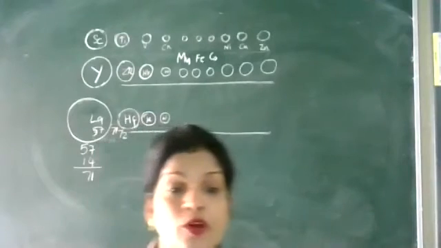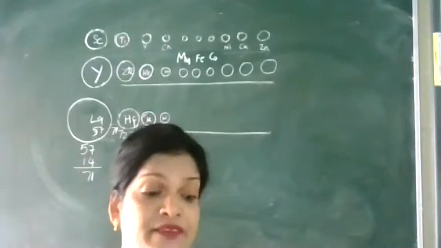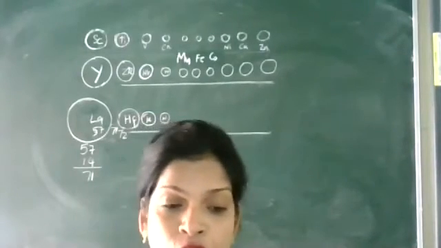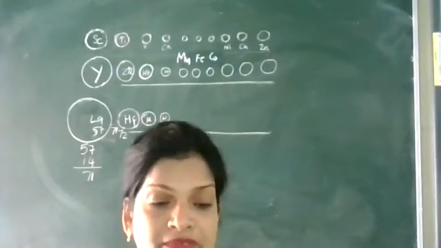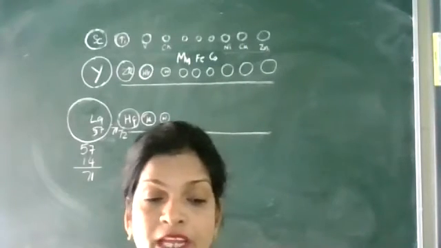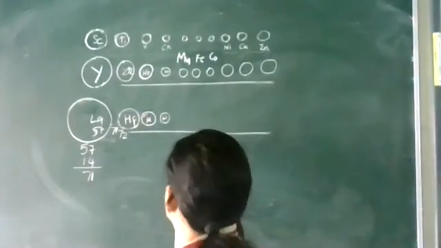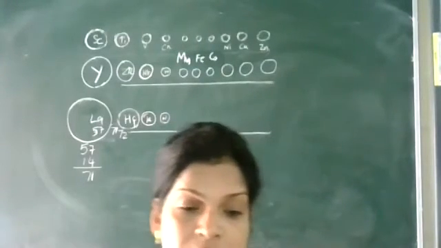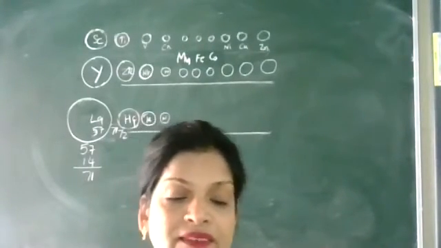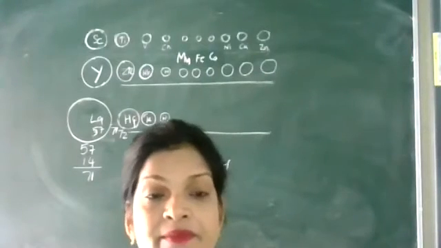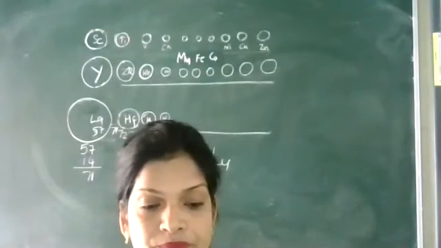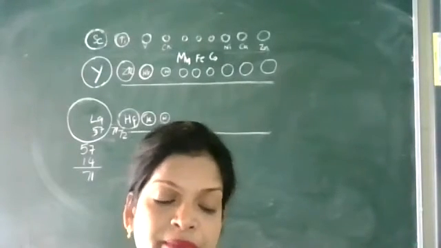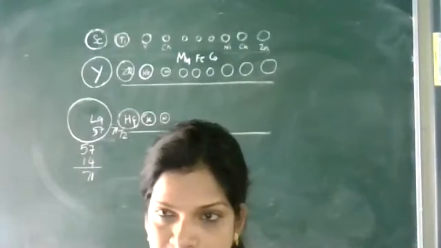As we move from lanthanum 57 to lutetium 71, a new electron is added to the same f orbital.